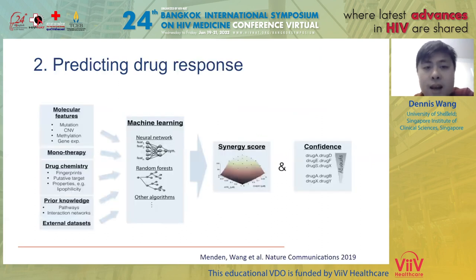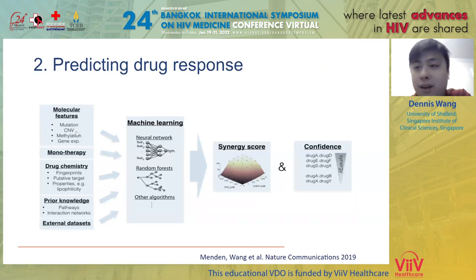So the next example I'll give you is when we have a few investigational compounds and we're trying to predict the response of these compounds. Okay? And the approach we've taken before is to extract as much information as we can from the drugs themselves, the chemistry and so forth, and also the cells that we're targeting or the tissues we're targeting.